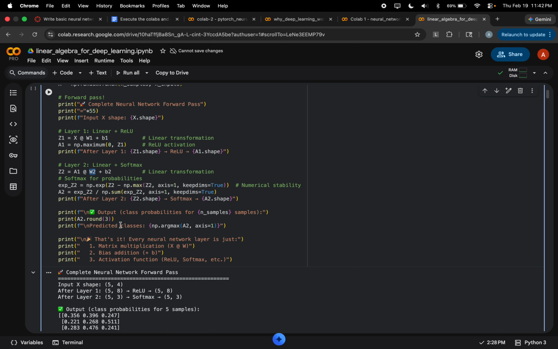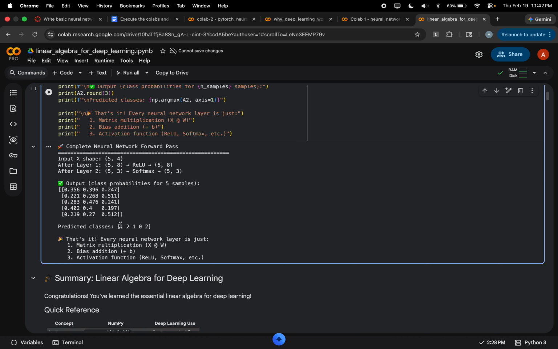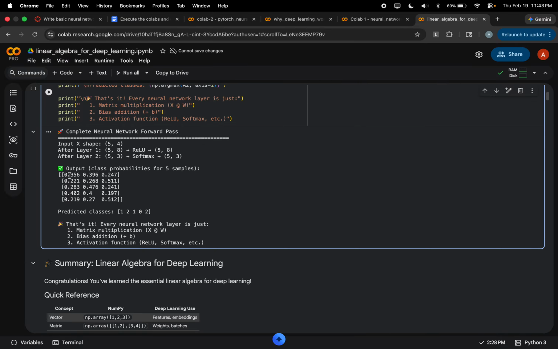So this is just a very basic forward pass without any backpropagation, just how it looks. We got x, layer 1 and layer 2's weights and biases, and this was the output, and it predicted these classes.